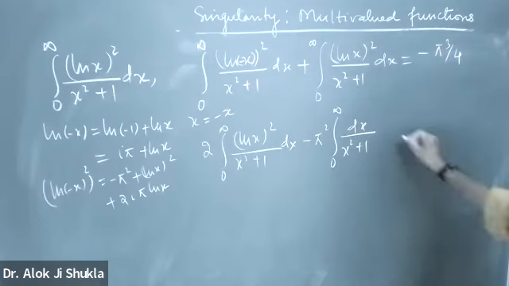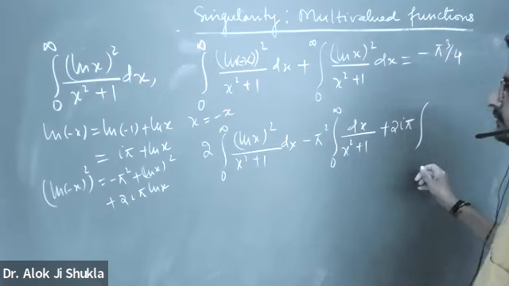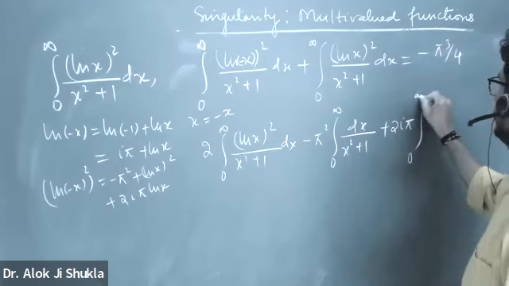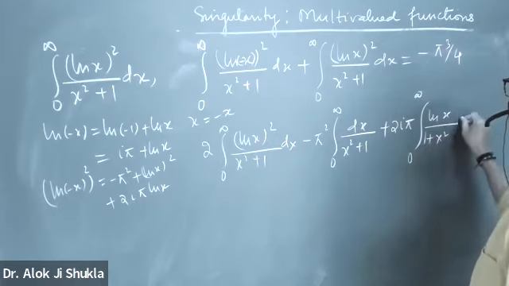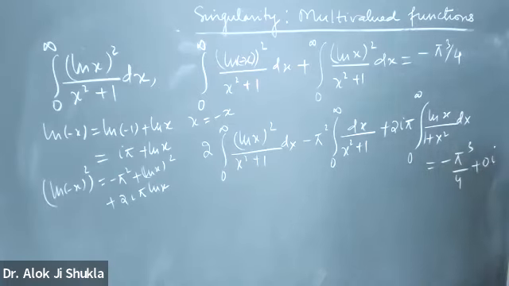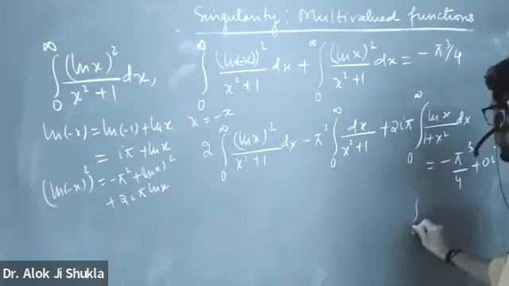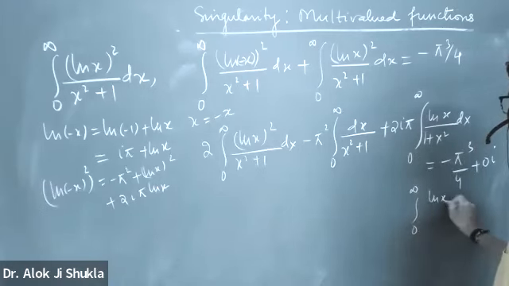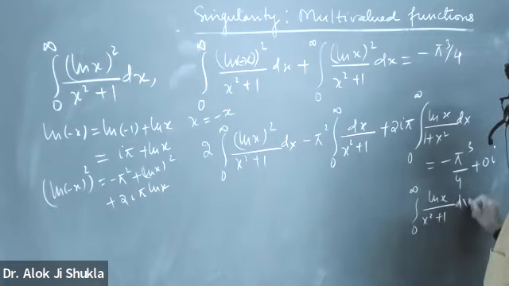And one term is like this, 2 times iota pi integral 0 to infinity ln x upon 1 plus x square dx is equal to minus pi cube by 4 plus 0 iota. Comparing real and imaginary parts, we get one integral free of cost: integral of ln x by x square plus 1 dx is equal to 0.